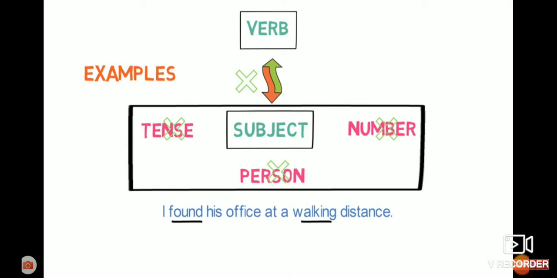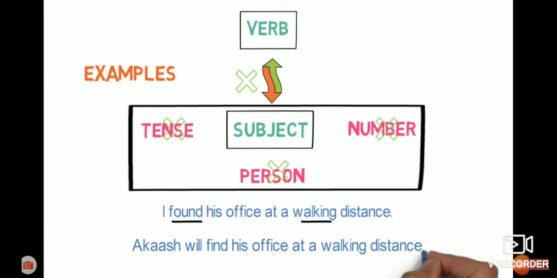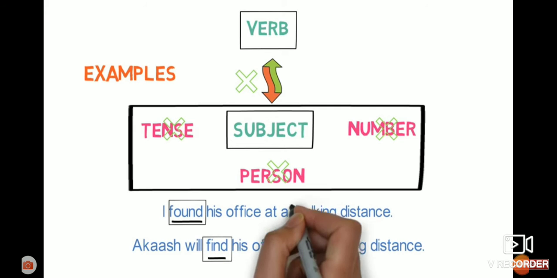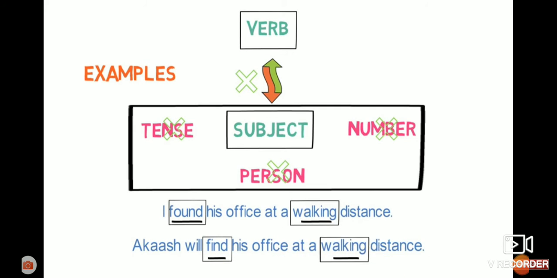Let's look into another example. Akash will find his office at a walking distance. Here the subject is singular and the sentence is in future form. Here also there are two verbs, find and walking. Now you can see that one verb found changed to find, but the other verb walking didn't change in both the cases and doesn't function as a main verb in the sentence.